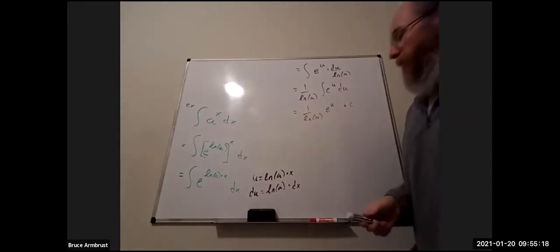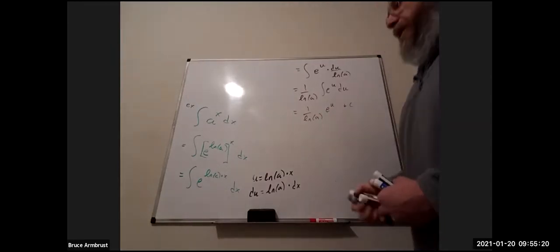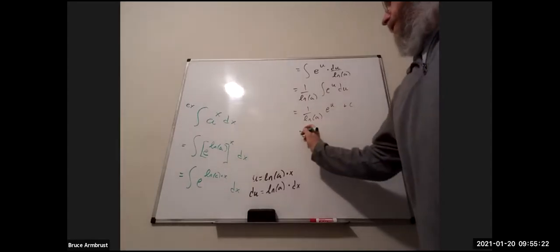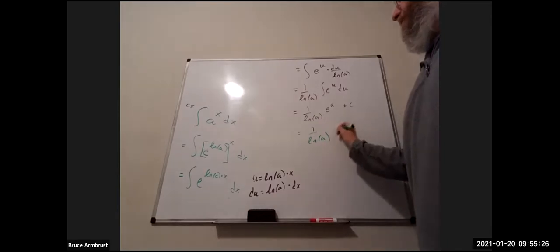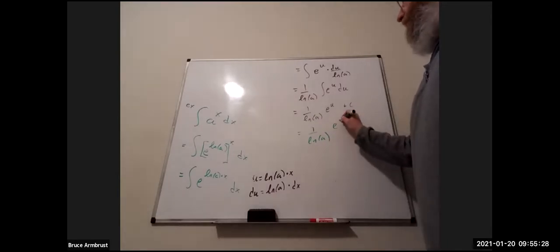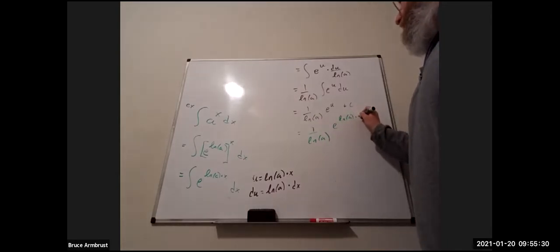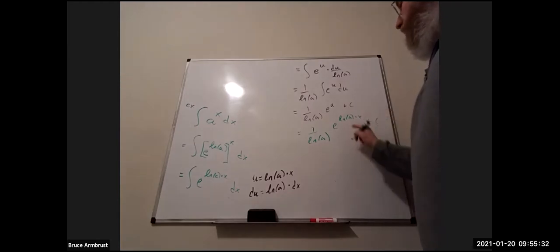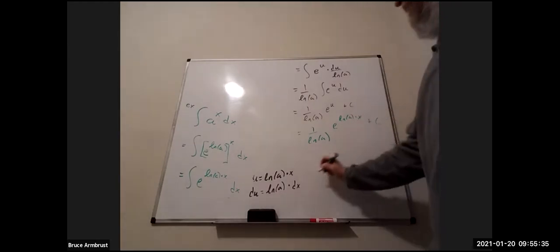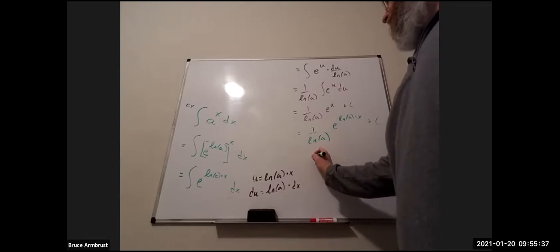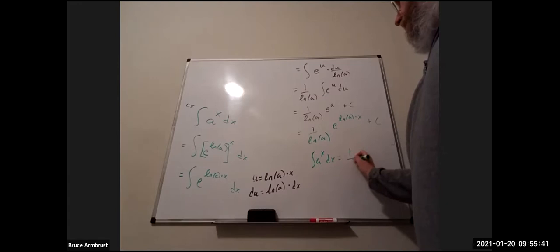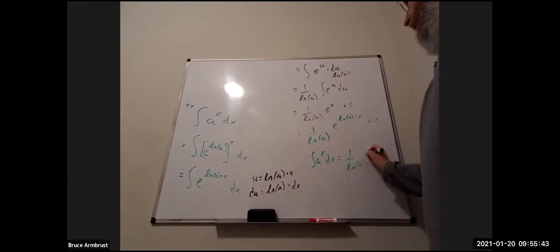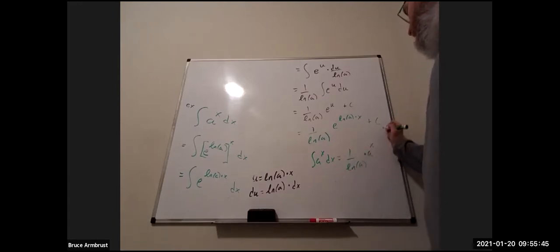If I replace the u with the x's to get that back in, I get 1 over natural log of a times e to the natural log of a times x, which, if I use that same rule of algebra to simplify this, gives me a to the x.